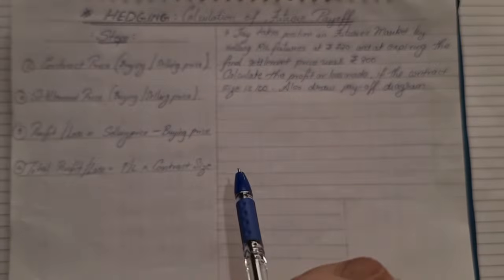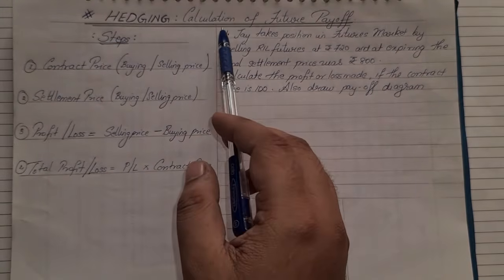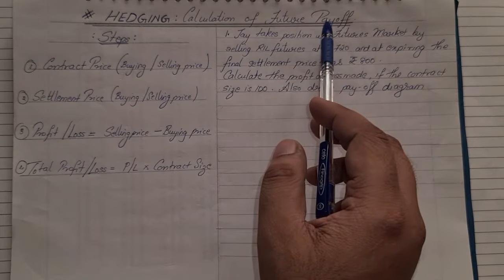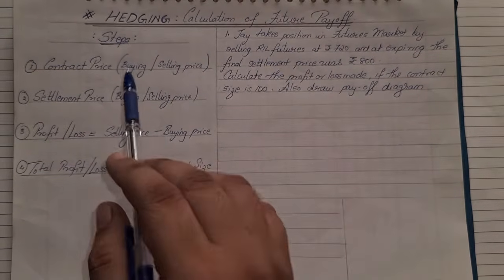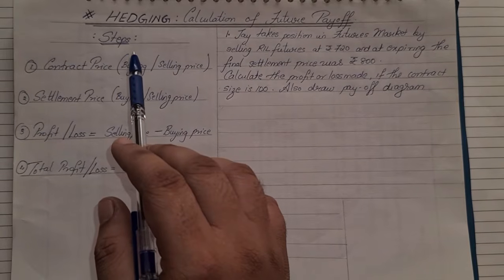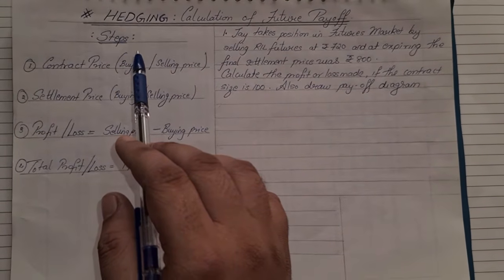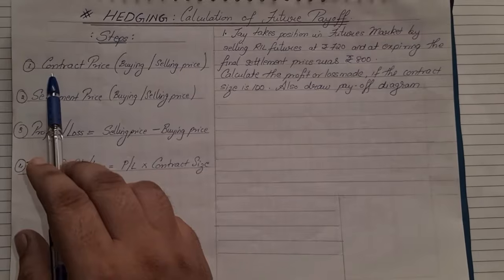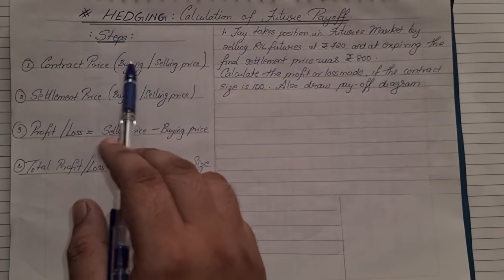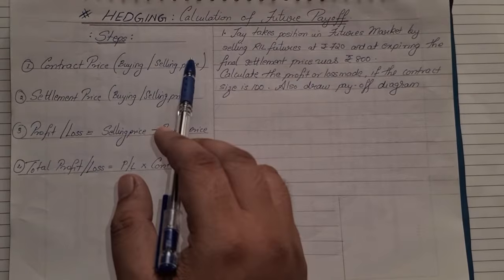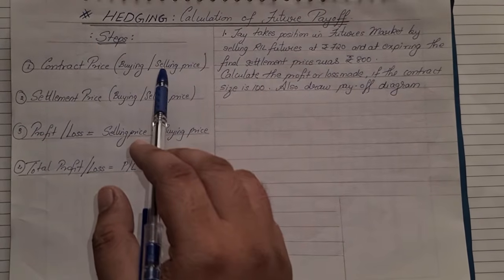Now let us see how to solve sums based on hedging where we have to calculate the future payoff. In order to solve the sum, we'll first go through the steps. First step, we need to note down the contract price. The contract price can be either the buying price or the selling price depending on the question.